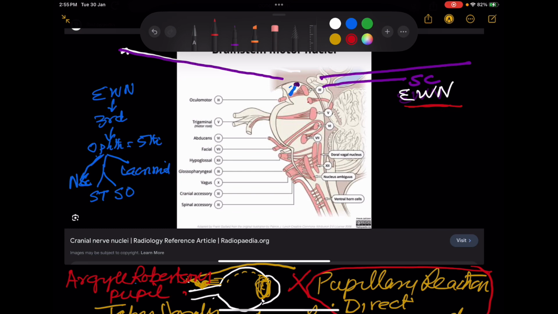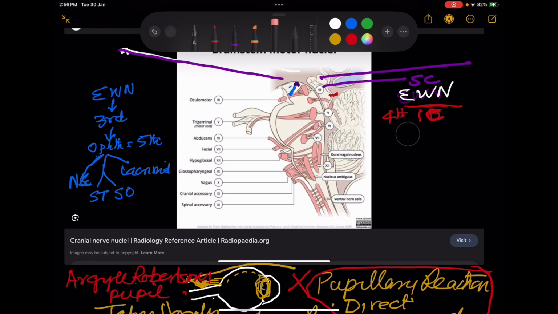Now the fourth nerve lies at the level of the inferior colliculus. And the peculiarity is that it emerges posteriorly below the inferior colliculus and goes anteriorly into the cavernous sinus.